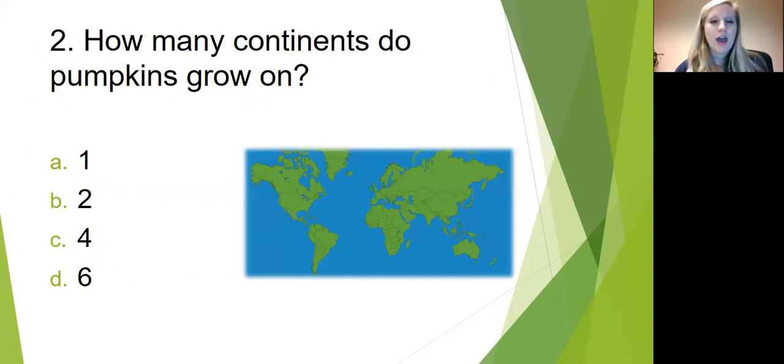Question 2. How many continents do pumpkins grow on? Is it A, 1, B, 2, C, 4, or D, 6?